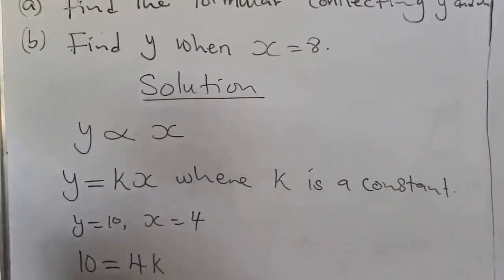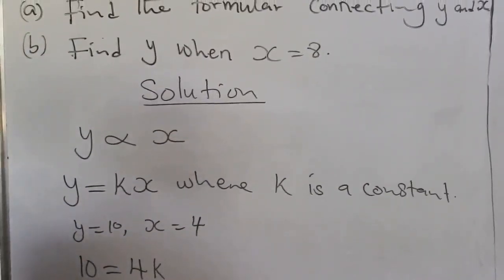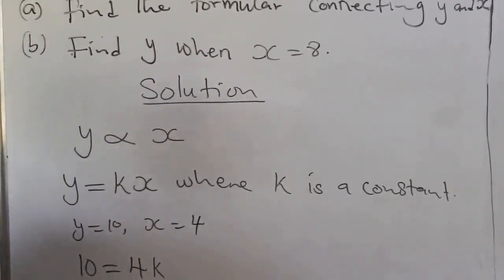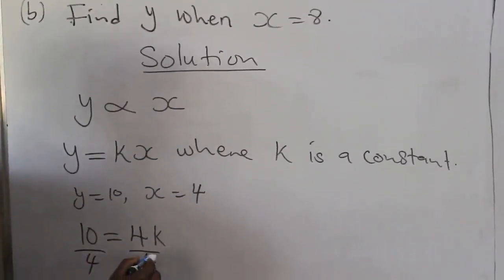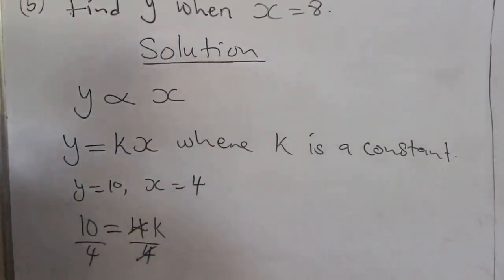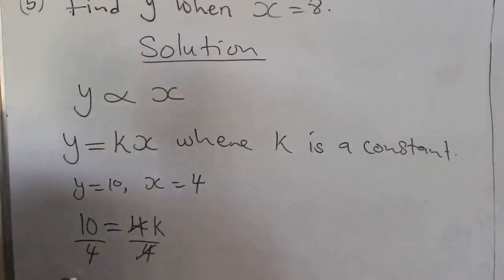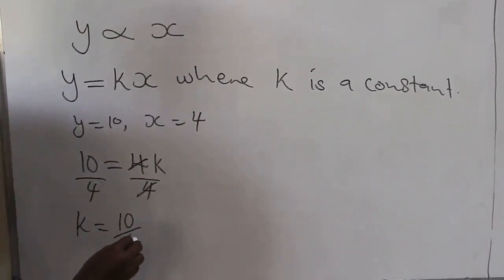We are looking for K. So as usual, either you multiply through by the inverse of 4, or we normally say divide both sides by 4. We have K is equal to 10 over 4.